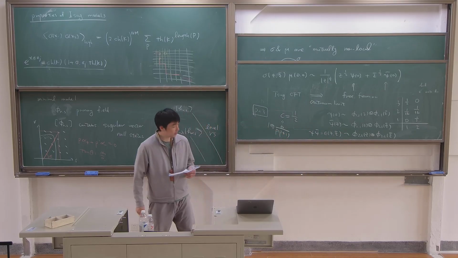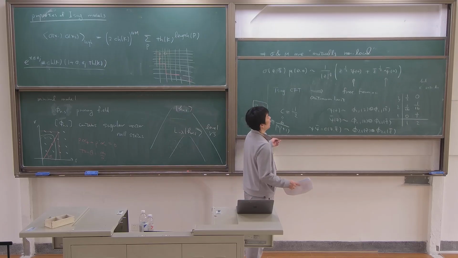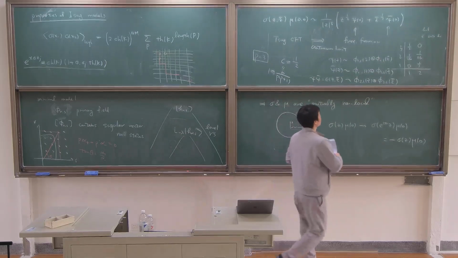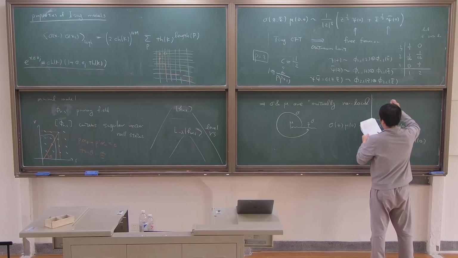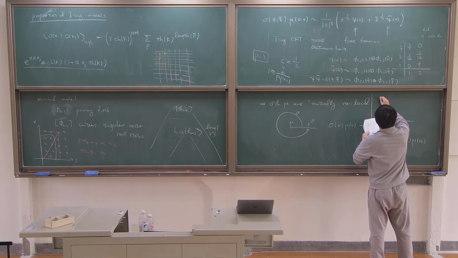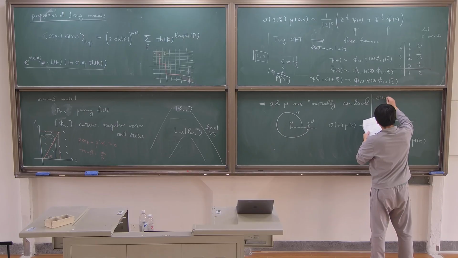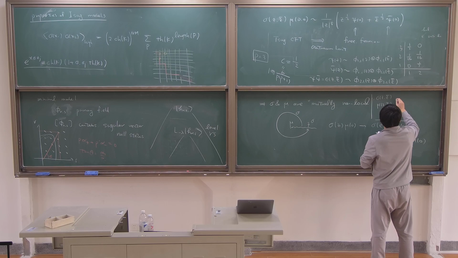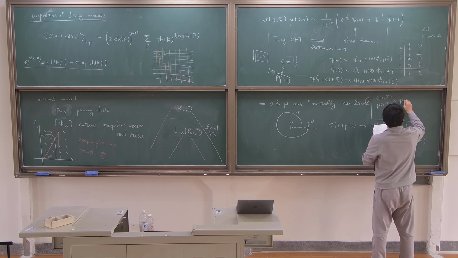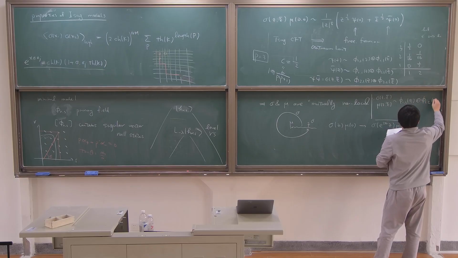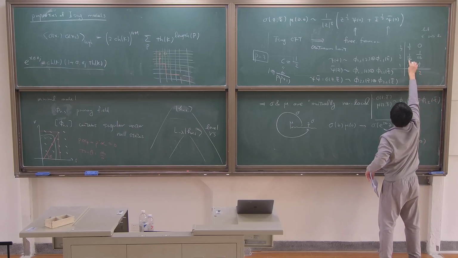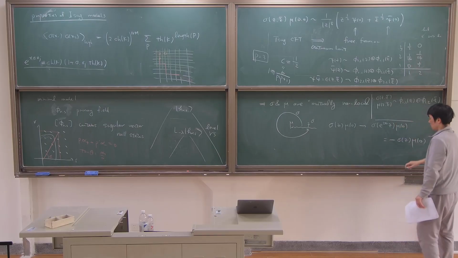operator. And then sigma or mu, z z bar, is phi 12, with dimension 1/16, like this.